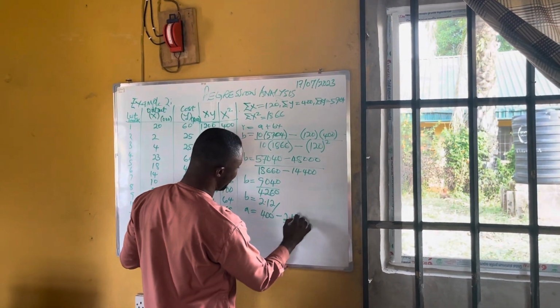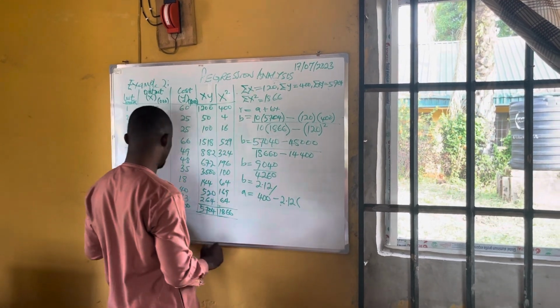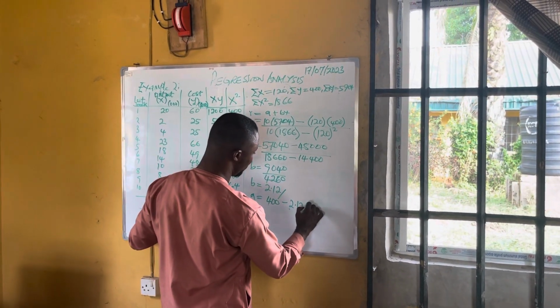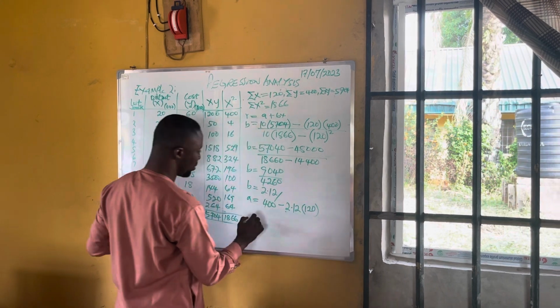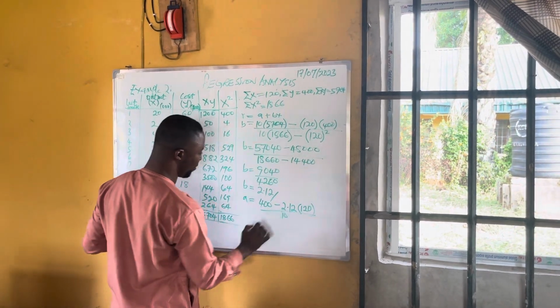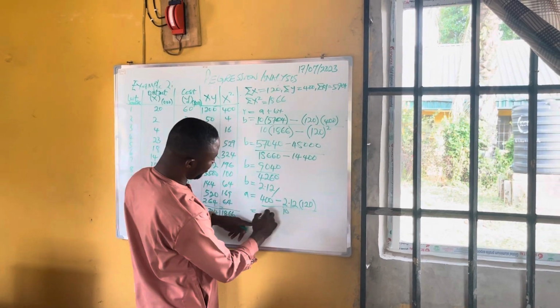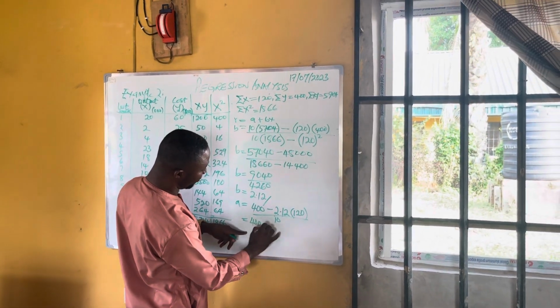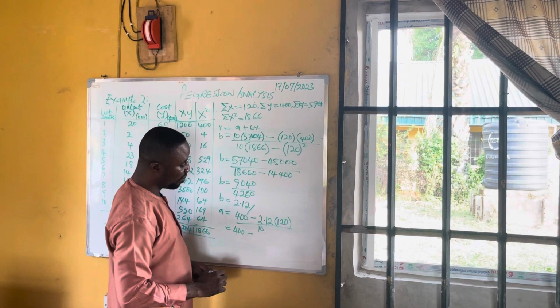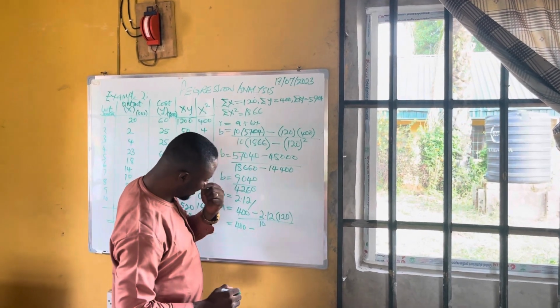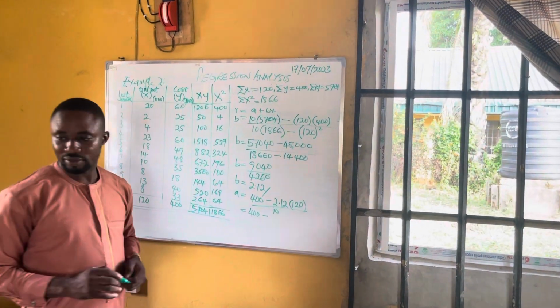Summation x is 120, all over 10, all over n. You still need 400 minus this times this, which will give us 220 or thereabout.